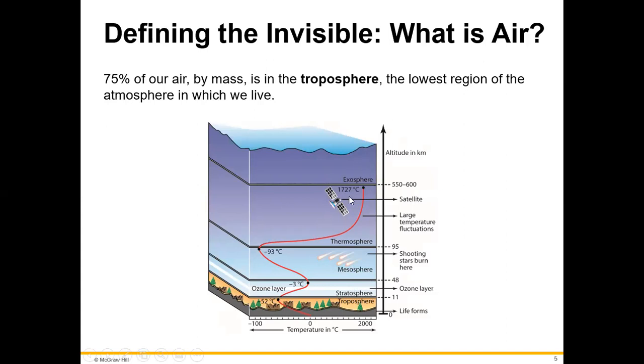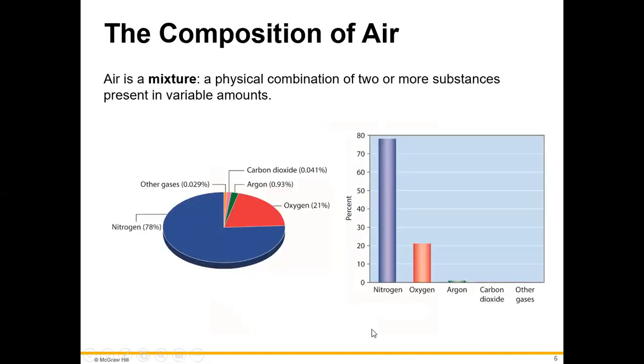Obviously, you're not hanging out up here, because that's where satellites orbit, way up high. We're breathing air down here in the troposphere, and the composition of each of these layers is different. Don't think that the composition down here in the troposphere is the same as up in the thermosphere, for instance. It's very, very different.